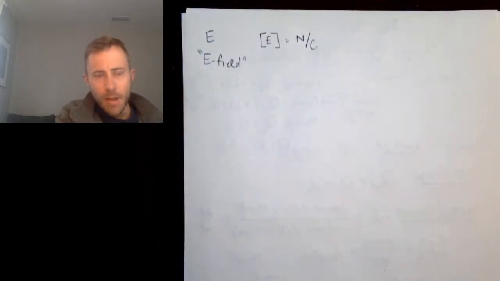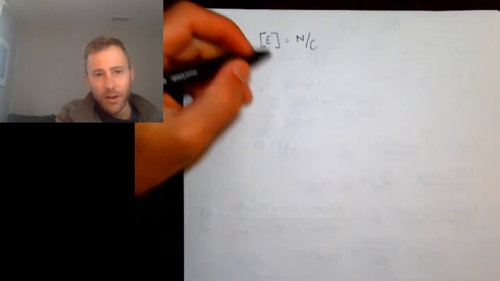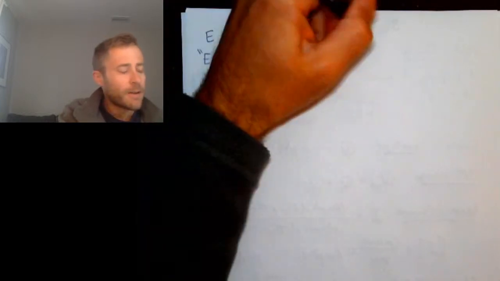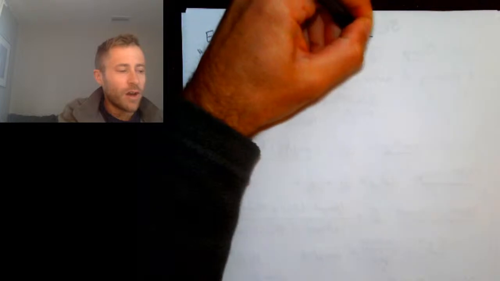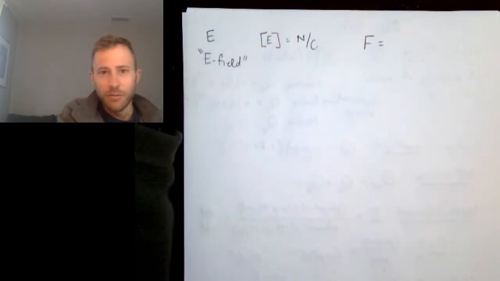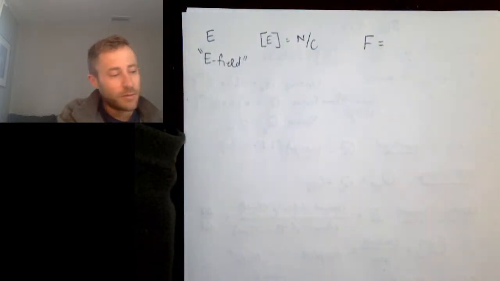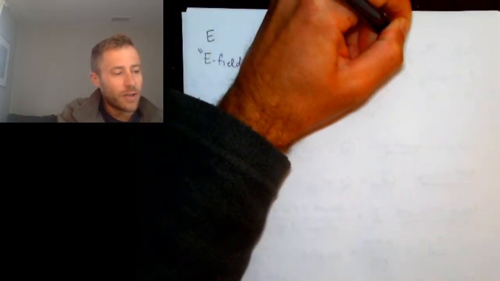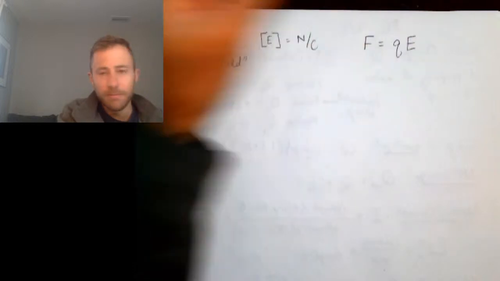And there's a nice rule: let's assume that the electric field is given. Then there's a law that tells you the electrical force that a charge is going to feel, and that law is F equals QE.